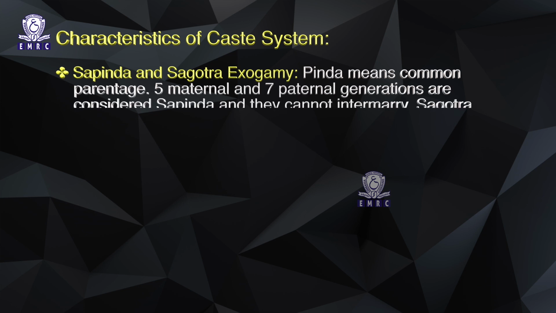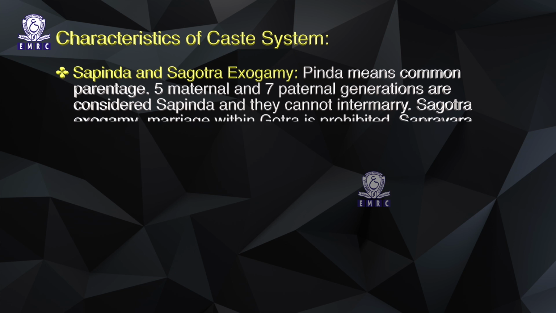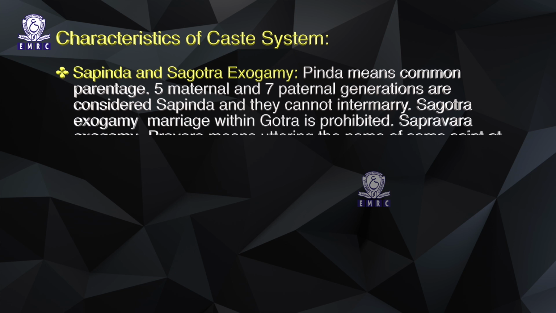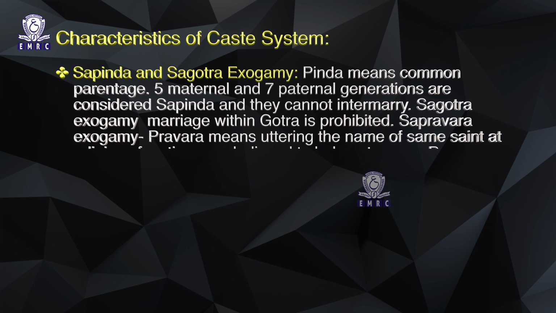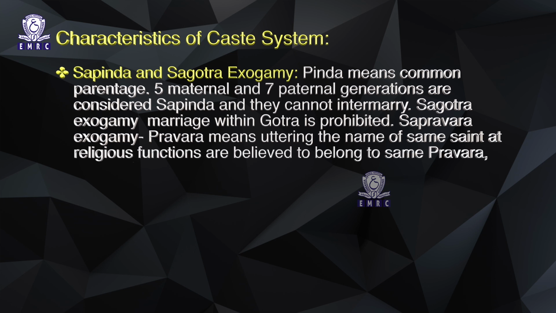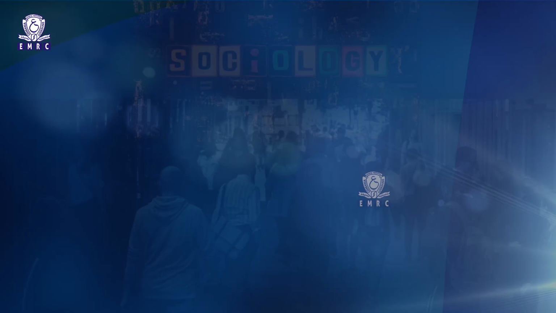Pinda means common parentage. 5 maternal and 7 paternal generations are considered Sapinda and they cannot intermarry. Sagotra exogamy, that is marriage within the same gotra, is prohibited. Sapravara exogamy: Pravara means uttering the name of same saint at religious functions, those who do so are believed to belong to same pravara, a kind of spiritual and religious bond.